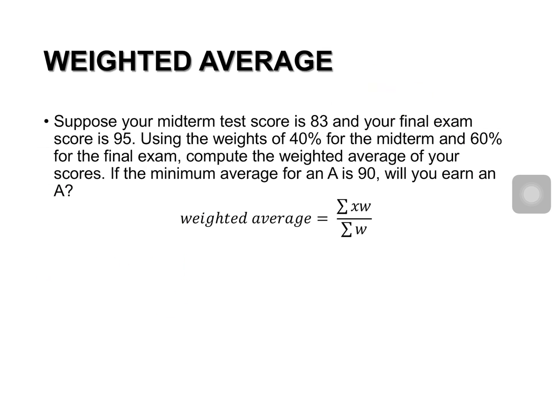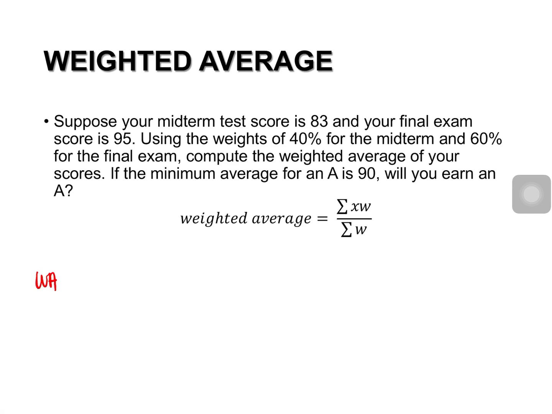For the weighted average, suppose your midterm score is 83 and your final exam score is 95. Using the weights of 40% for the midterm and 60% for the final exam, compute for the weighted average of your scores. If the minimum average for an A is 90, will you earn an A? So let us compute for the weighted average or the weighted mean.